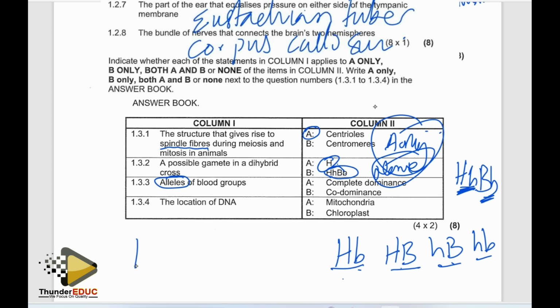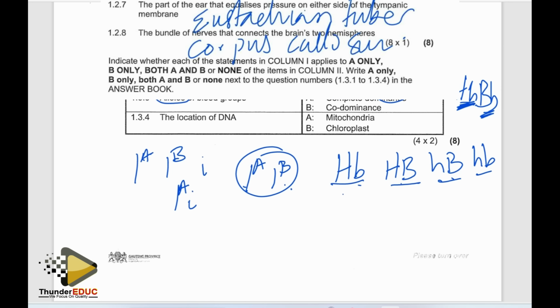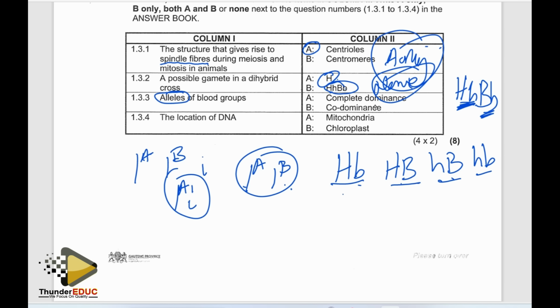So you have allele for A, allele for B, and allele for O. You understand? So if I have A and B, what happens? Then it is codominant. But if I have allele A and that for O, this is completely dominant.